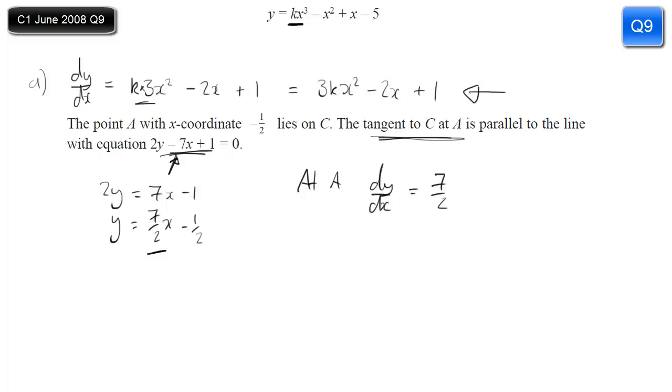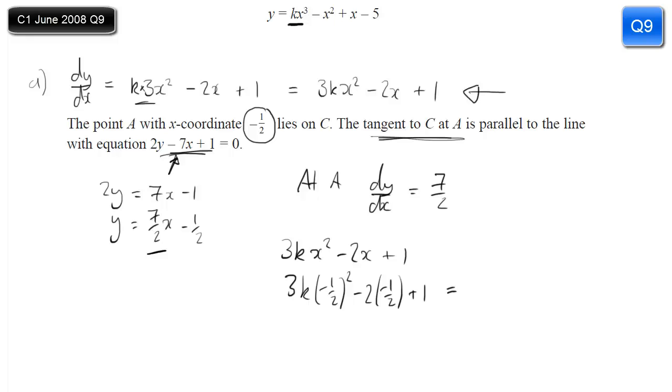So dy by dx from above is 3k x squared minus 2x plus 1. And I'm saying that that must equal 7 over 2 when x is minus a half. So 3k times minus a half squared, minus 2 lots of minus a half, plus 1, equals 7 over 2.